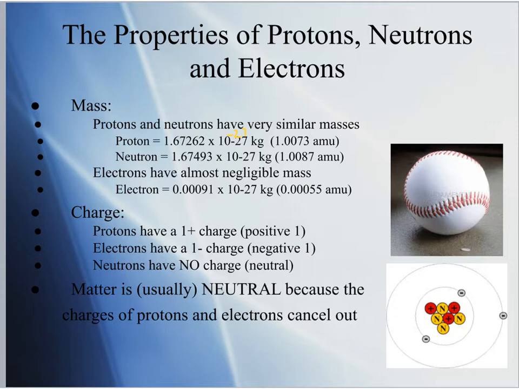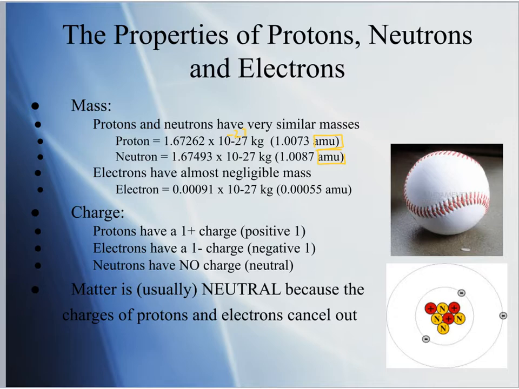So light that we actually give them their own unit. We call it the AMU, or the atomic mass unit. Just so that, anytime we're talking about the mass of a proton or a neutron individually, we don't have to say 1.67262 times 10 to the negative 27th kilograms. We can just say about 1 AMU.